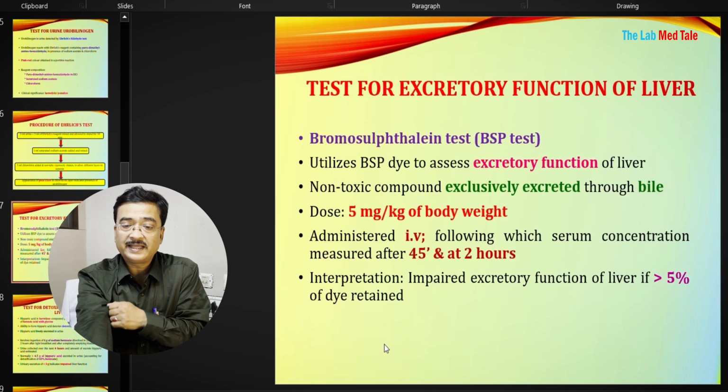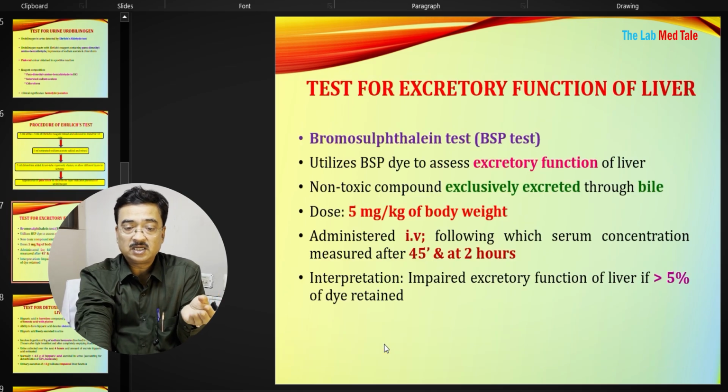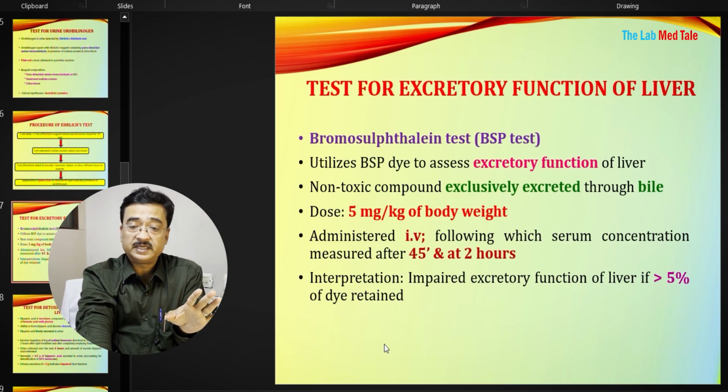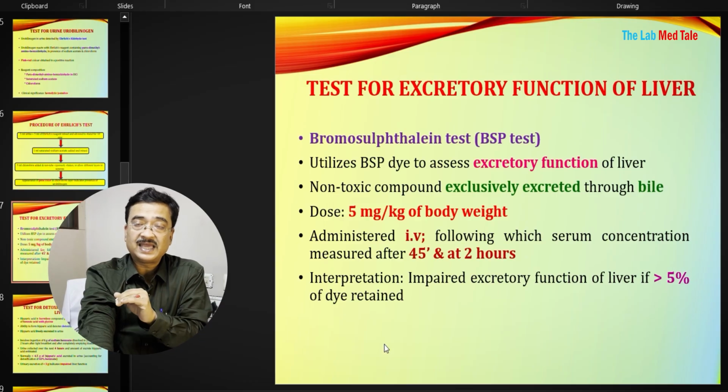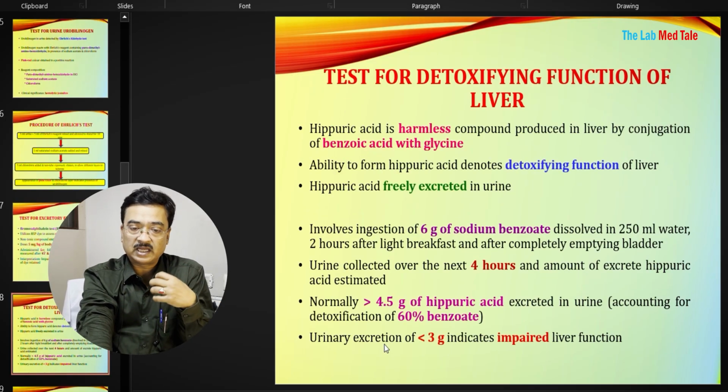There are certain excretory function of liver tests as well, like the BSP test, which is injected IV at 5 mg per kg body weight. If more than 5% is retained after 2 hours, that means the excretory function of the liver is damaged. Similarly, detoxification function of the liver can be assessed with hippuric acid.